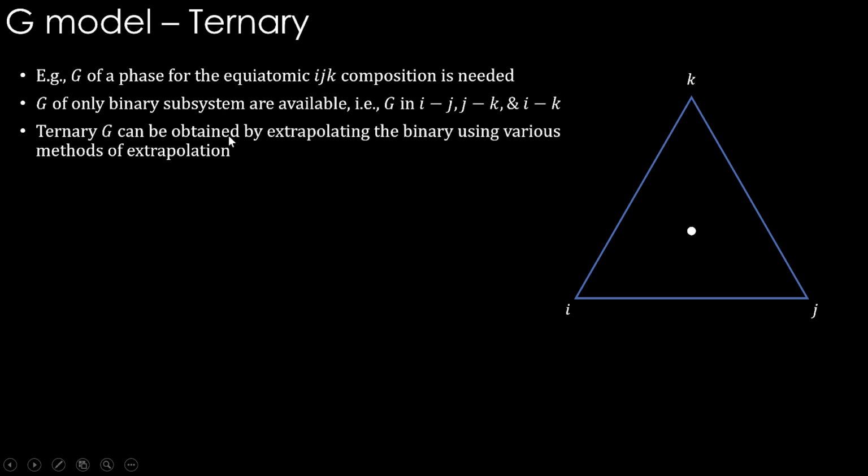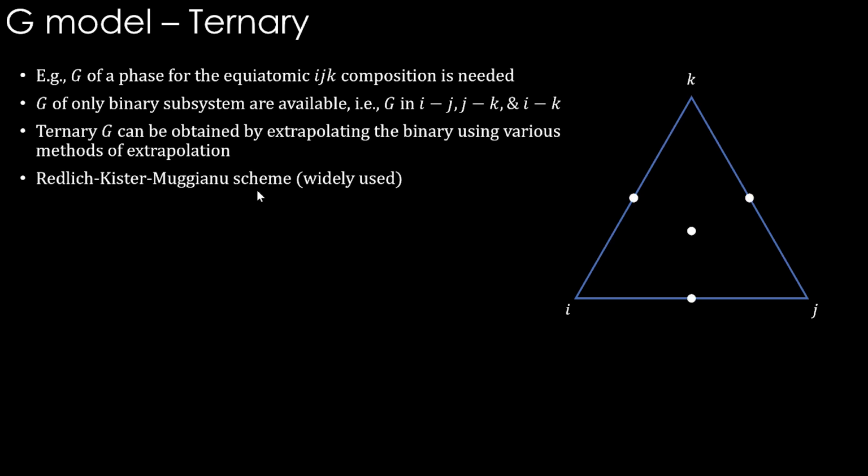Ternary G can be obtained by extrapolating the binary using various methods of extrapolation. One method is the Redlich-Kister-Muggianu scheme. This is a widely used one. By default in software like Thermo-Calc, this is used. And how it works is like this. You take the binary contributions, these three binaries, and add them up to get the ternary Gibbs energy description.